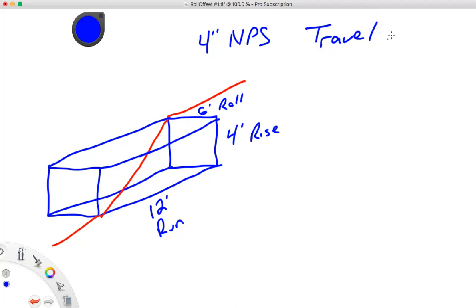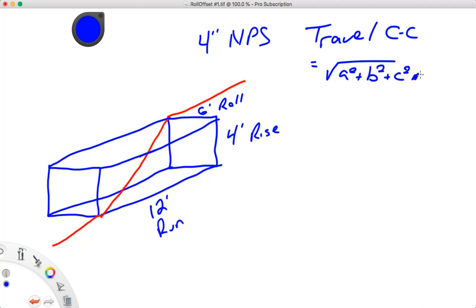Travel center to center will be, okay, the formula that I like to use, a squared plus b squared plus c squared equals our travel.